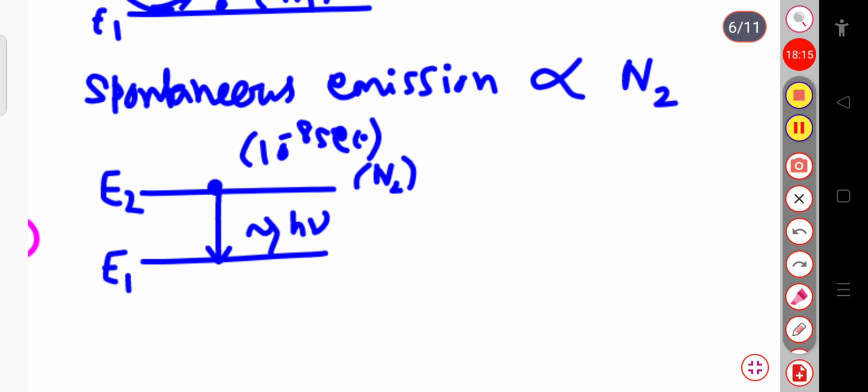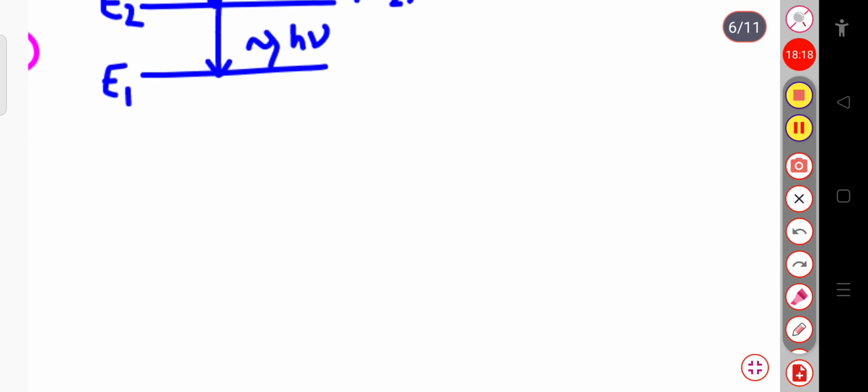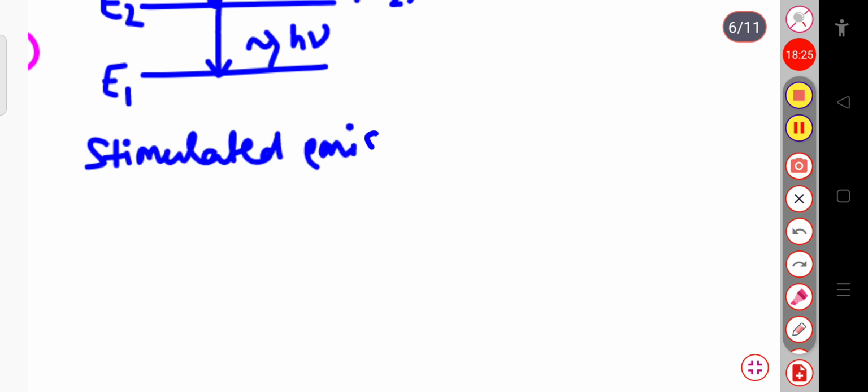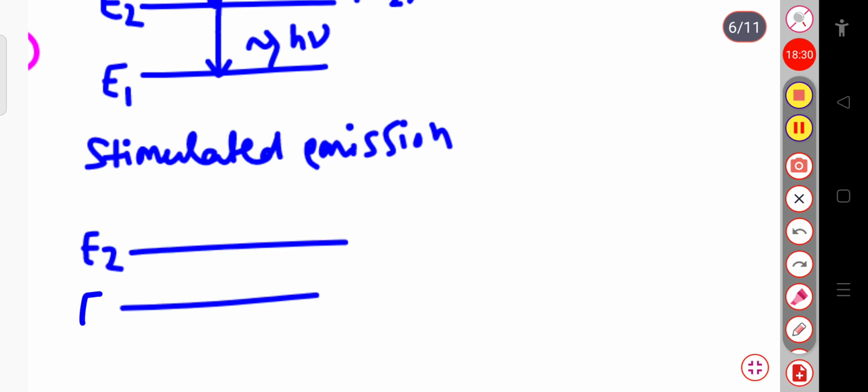Now finally, we studied stimulated emission. In case of stimulated emission, the atom is present in the excited state, suppose E2 is the excited state. We supply an additional amount of energy, h nu, so that this atom present in the excited state comes back to the ground state by releasing two photons, that is h nu and again h nu, and this is called the stimulated emission.